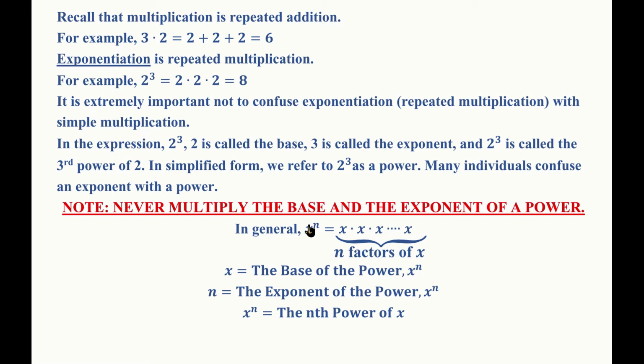And x here is called the base of the power x to the n. N is the exponent of the power. And x to the n, of course, itself is the nth power of x. Sometimes people confuse powers and exponents. Power is the entire expression here. So this we call a power. The n is simply the exponent.